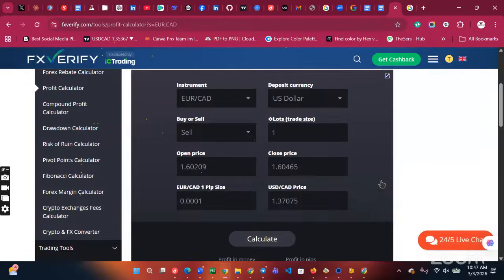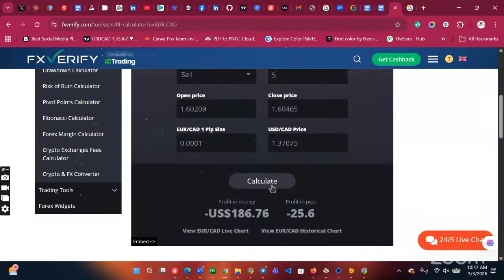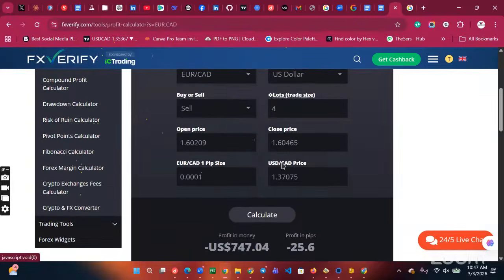Remember, my risk is $750 per trade. So yeah, I'm using 4 lots on this trade.